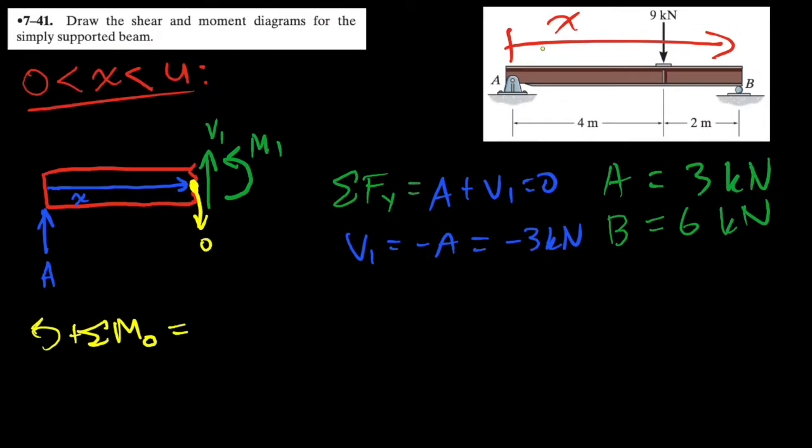So again, I could section the beam here, I could section the beam here, I could section the beam here. Basically, I could section the beam anywhere along this length. Now, going back to our diagram, we see that this distance is defined by x.